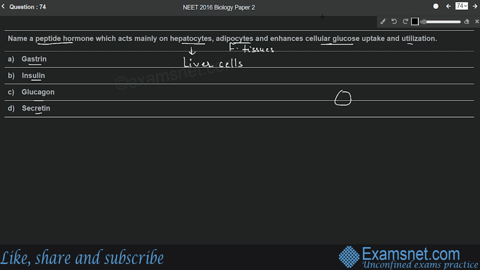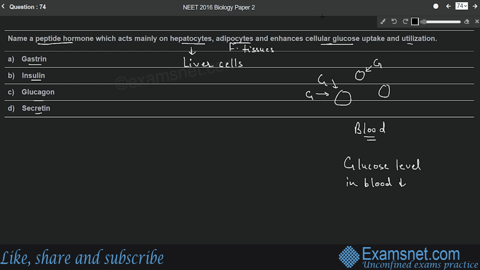Okay, so if these are the cells and here we have blood, so this hormone is enhancing the cellular glucose uptake. That means the glucose present in the blood will be taken up by the cell. That means the amount of glucose in blood will decrease.